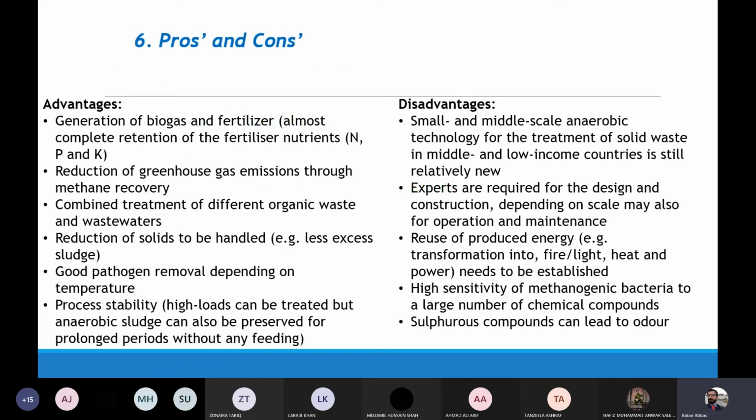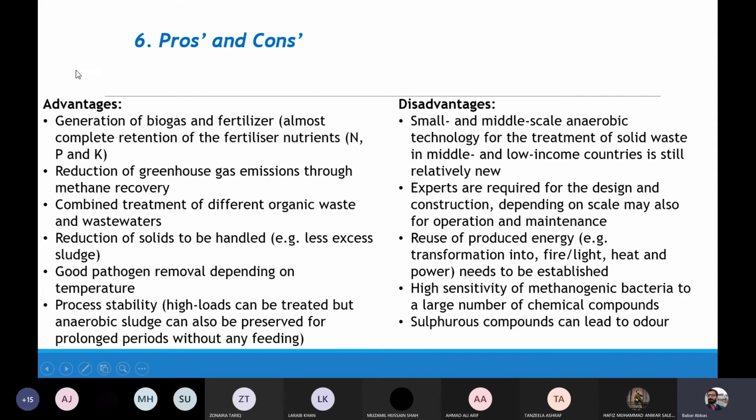Pros and cons of biogas production. The advantages of biogas production involve generation of biogas and fertilizer, which are the main products of this process, and these ensure almost complete retention of the fertilizer nutrients. Reduction of greenhouse gas emission through methane recovery. The biogas is collected and the greenhouse gas is reduced.